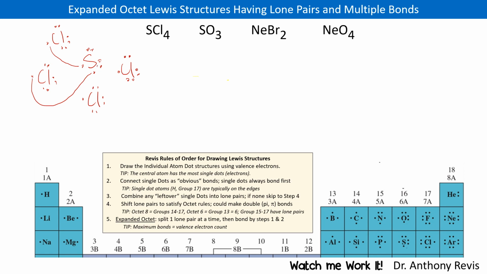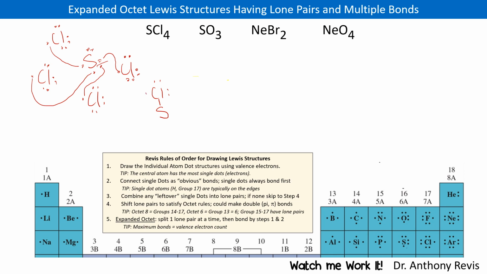So I must split a lone pair. That's called hybridizing it. So we hybridize that. That means now it's spin up and can bond here and can bond here. And therefore I get my initial structure of S, Cl, 1, 2, 3, 4.